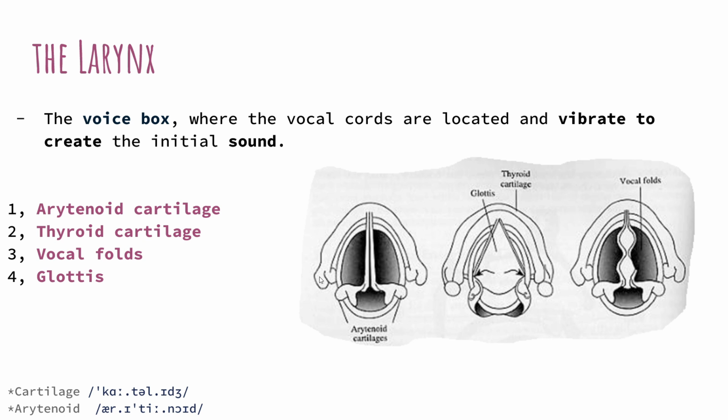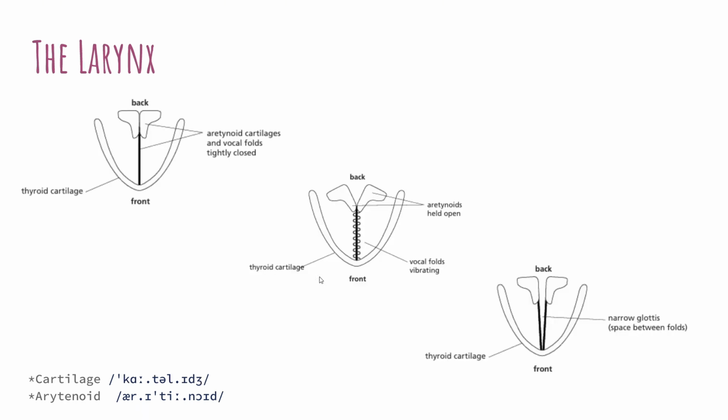Then there's the thyroid cartilage. Its shape looks like a horse hoof. In order to know how it works, let's look at it closely. From the first diagram, we can see that when you are holding your breath, the arytenoid cartilages are in the neutral position, and the vocal folds are tightly closed.